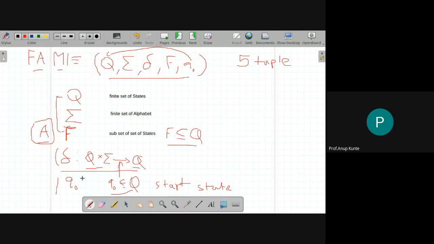Okay, that is why this functional mapping is also referred to as the transition function. Another name for this same function is state transition function.